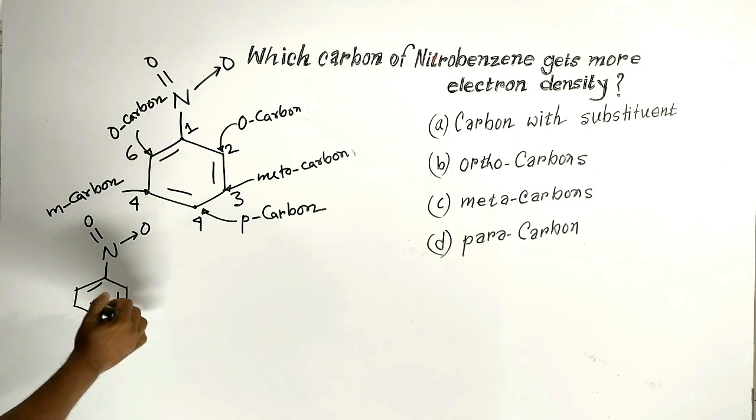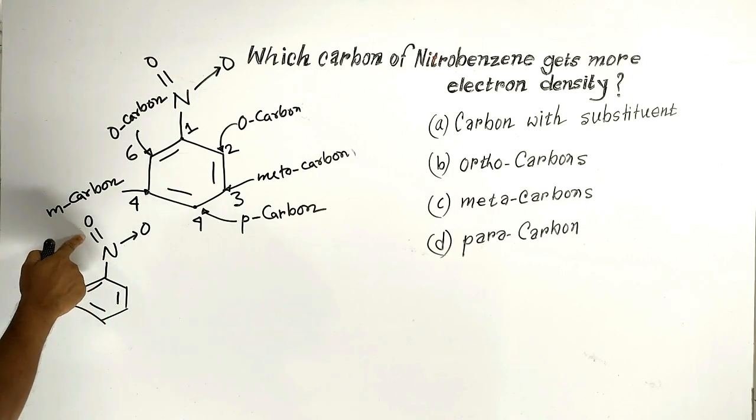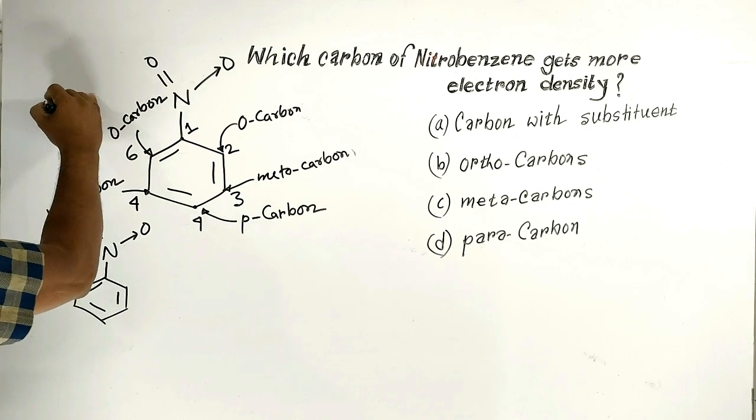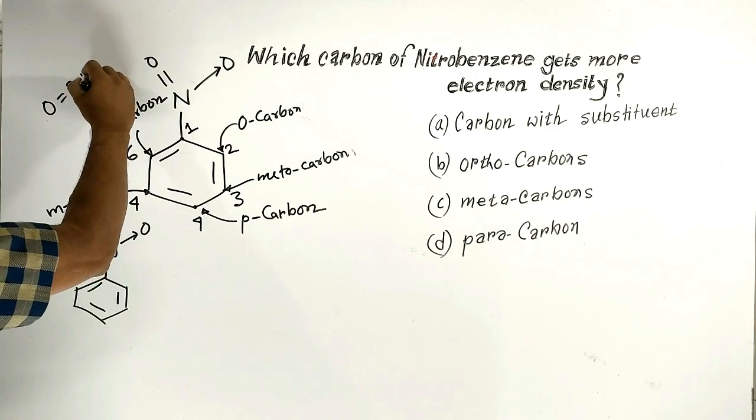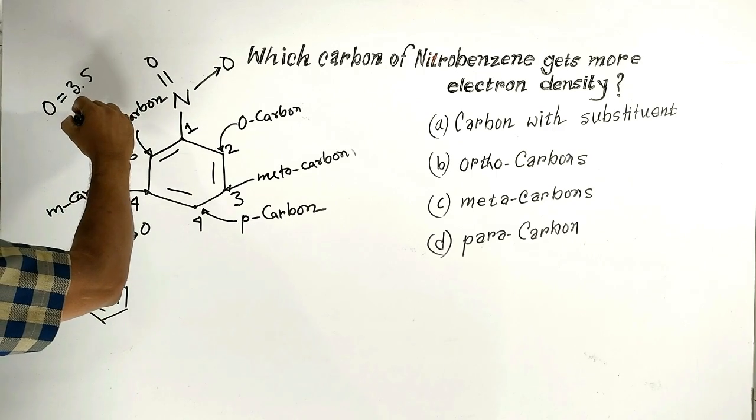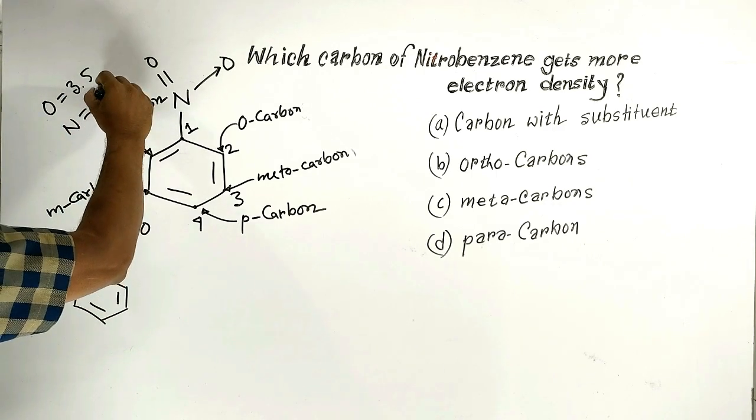Nitrobenzene. This oxygen nitrogen bond is the source of resonance structures. Here the electronegativity of oxygen is 3.5, but nitrogen's electronegativity is 3.1.